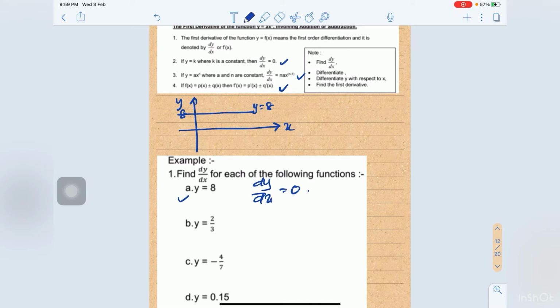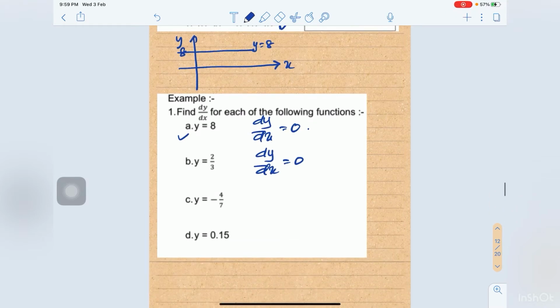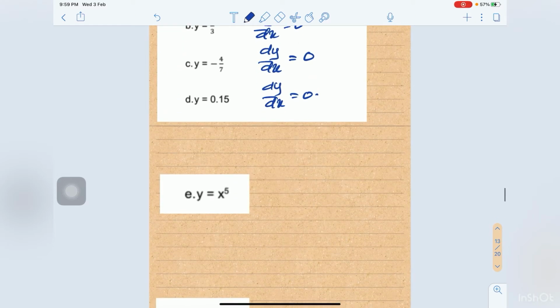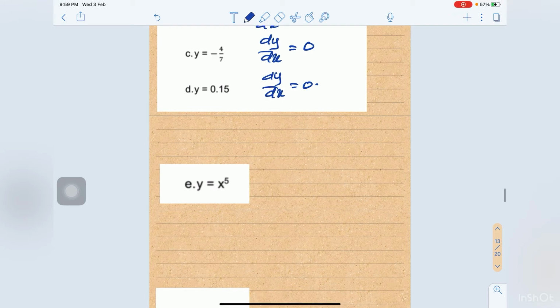Okay, 1b, y equals 2/3, so dy/dx equals 0. This one also, y equals -4/7, so dy/dx equals 0. y equals 0.15, dy/dx equals 0. For the next one, we have y equals x^5.